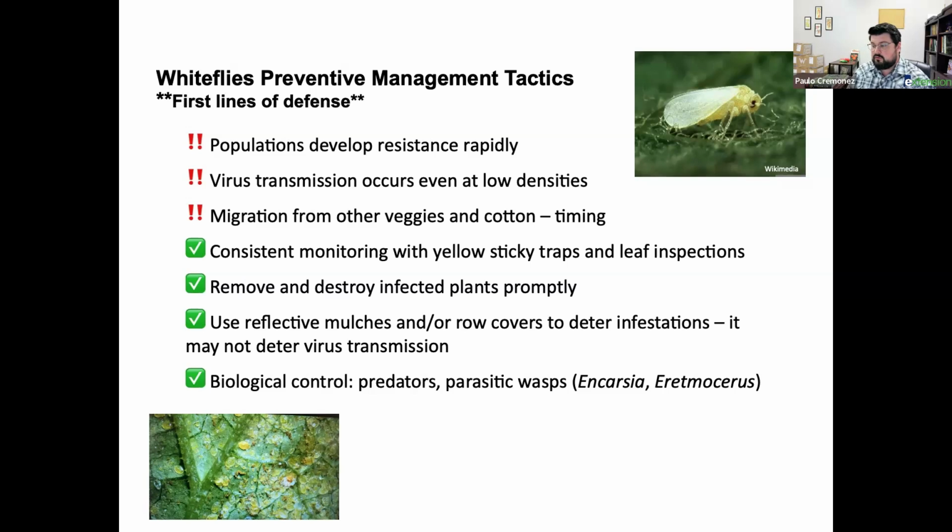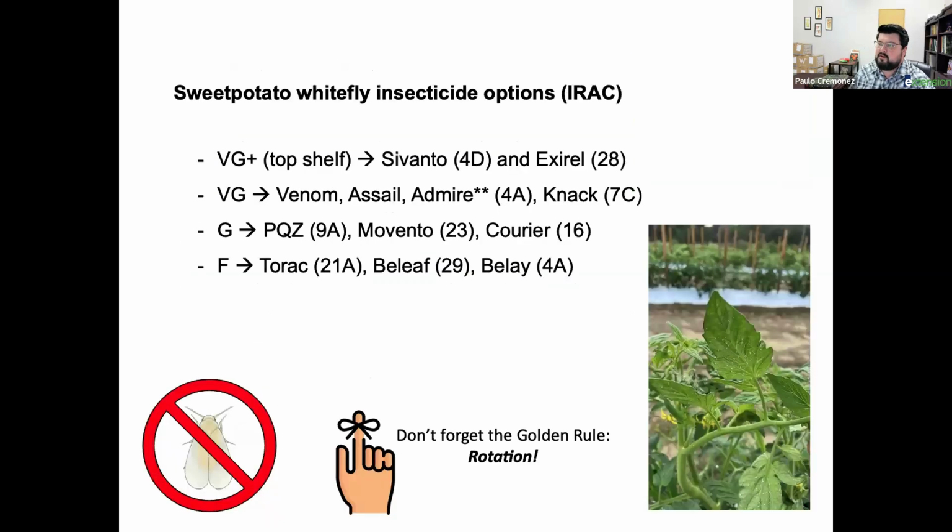And for biological control, you can rely on predators, like lady beetles, which can be important. Some spiders can do that work as well. But also the parasitic wasps, like Encarsia, which is very present in some areas. But the insecticide options that we have here, and I even have a classification because I have been working with sweet potato whiteflies for a while, since I was in Georgia.